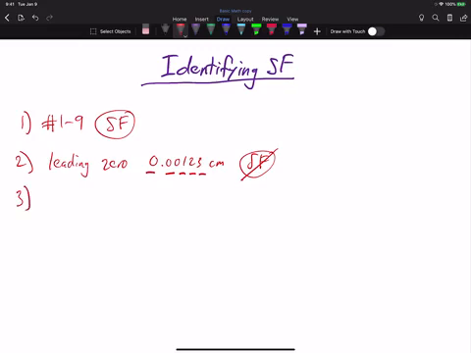Another kind of 0 is what I call trapped zeros. They're also known as captive zeros, and you would have seen that if you followed some of the links. So a trapped 0 is a 0 that is physically located between non-zero digits. So for example, the number 102 grams or 1002 grams.